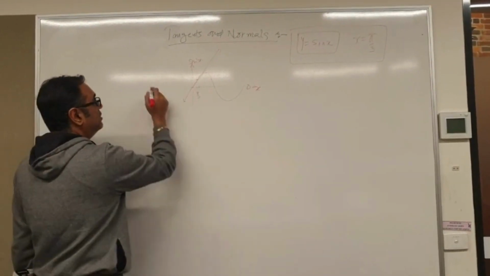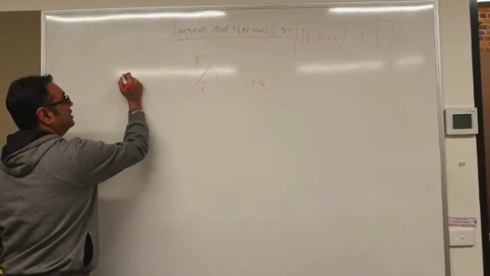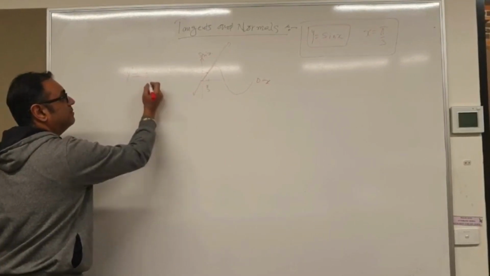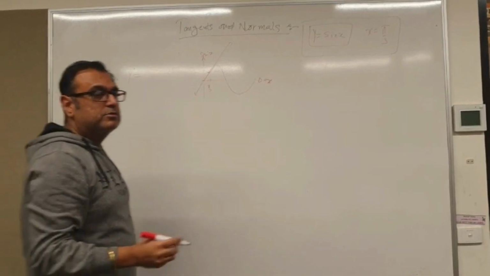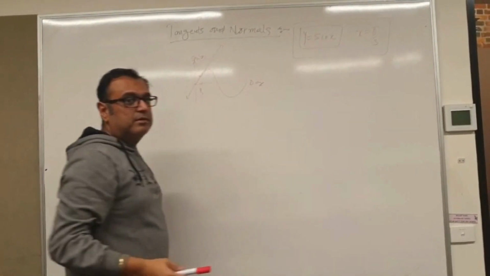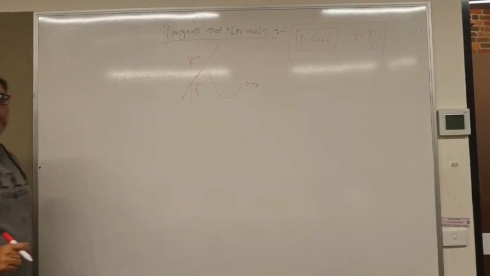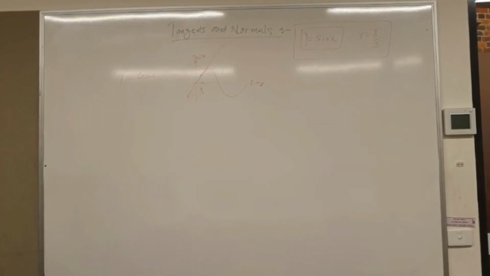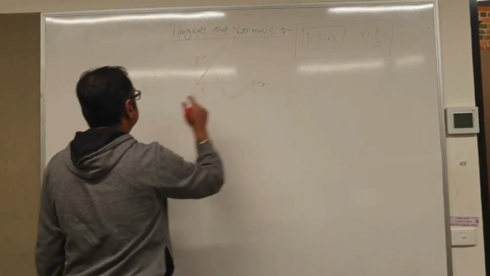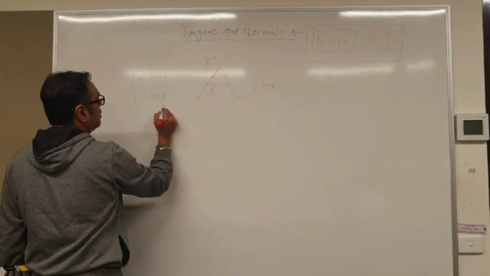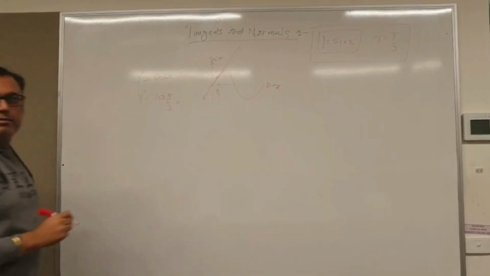What's the derivative of sine x? Do you know that? Cos x. Now you plug in x equals pi by 3. And what is that?